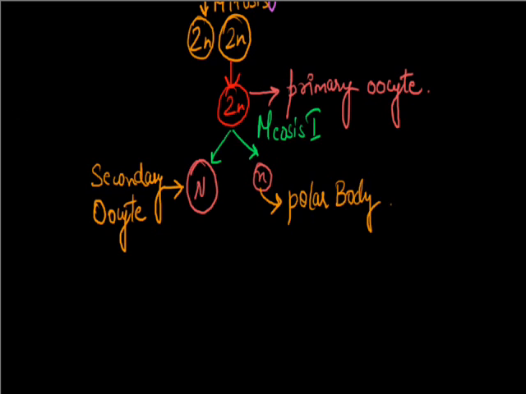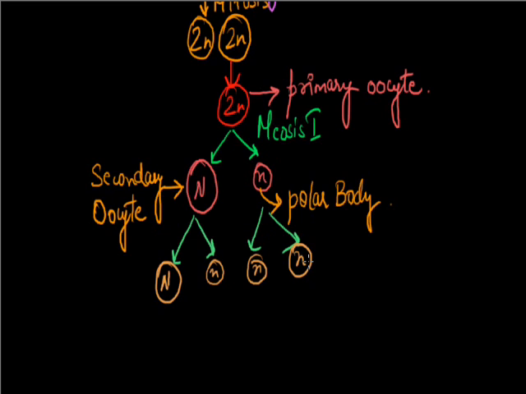Now both cells, the secondary oocyte and the polar body, will undergo meiosis 2 again. From the secondary oocyte, one bigger cell and one smaller cell will form, and from the polar body two smaller polar bodies will be formed.